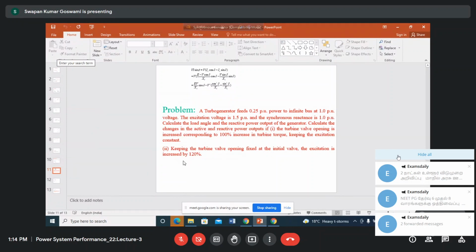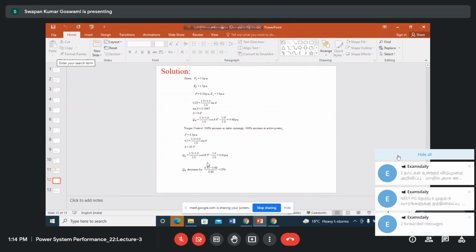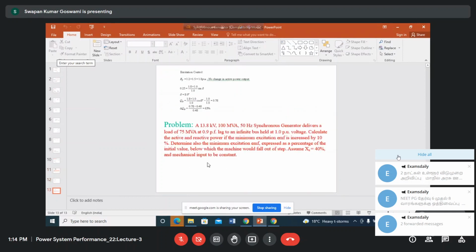The excitation is increased to 120%. So 20% increase in excitation means field current. That means if the field current is increased by 20%, obviously it will become 1.8 per unit from 1.5 per unit. Because 1.2 times 1.5 means 1.8 per unit.